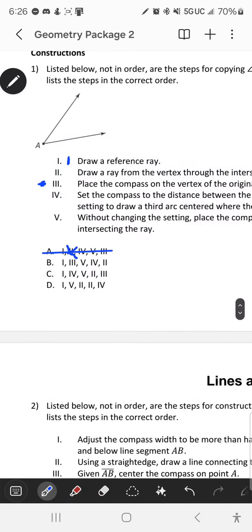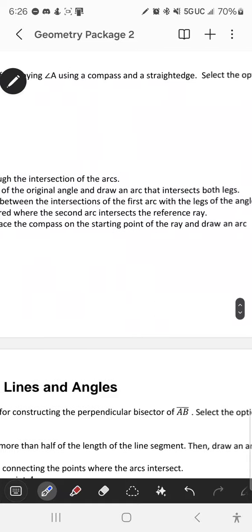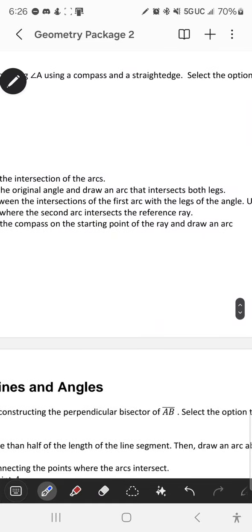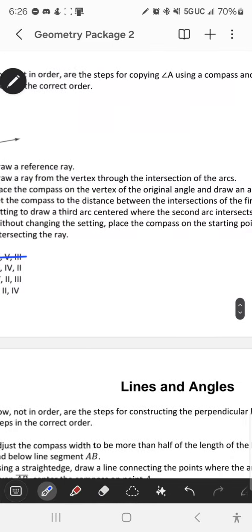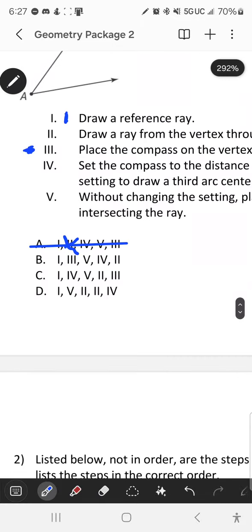Based on that, I know that 4 is coming after 3, so it's not C. And it's not D either, because we have 2 and 2, and we don't even have a 3 there. So it should be B.